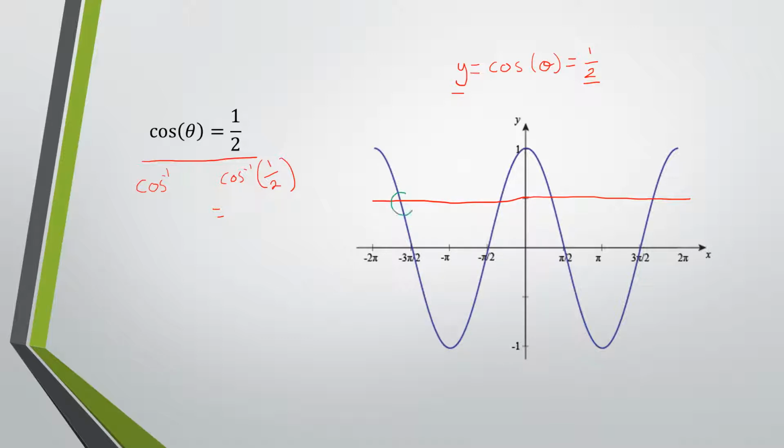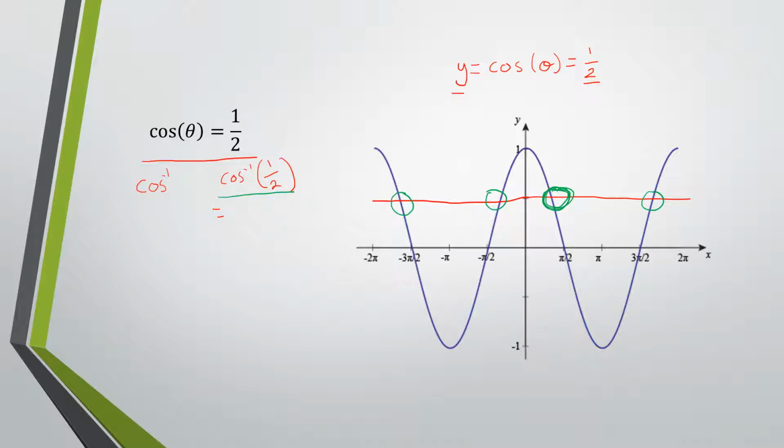As you can see, we're actually getting a number of solutions. In this graph shown, we can see we've got 4 different values, but if I was to just type inverse cos of half into my calculator, I would only get one solution. I would only get this solution right here.